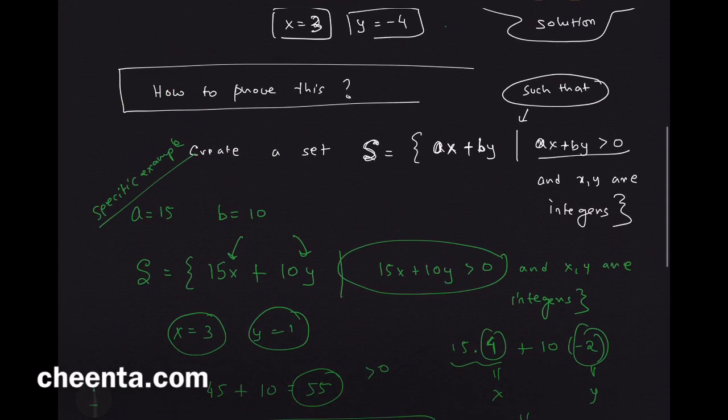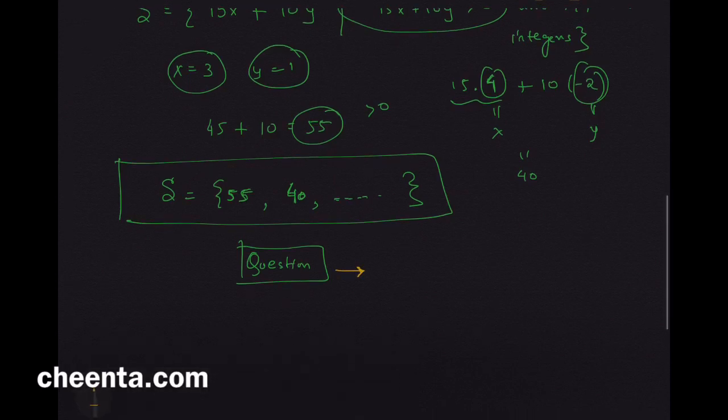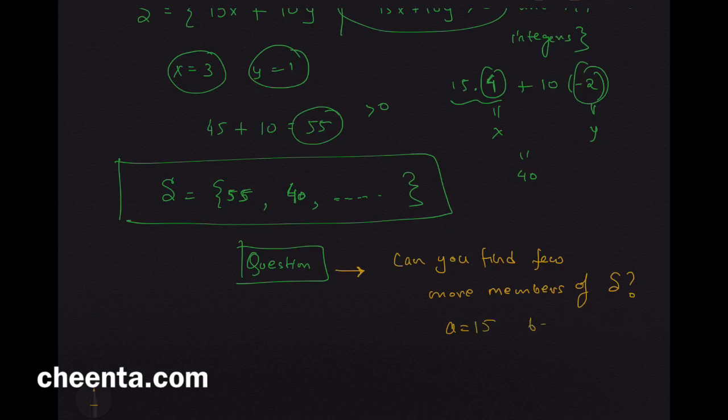Okay. So, a question, and this is again in the quiz section as well as in the comment section if you are not in the portal: can you find a few more members of S, provided a is equal to 15, b is equal to 10?